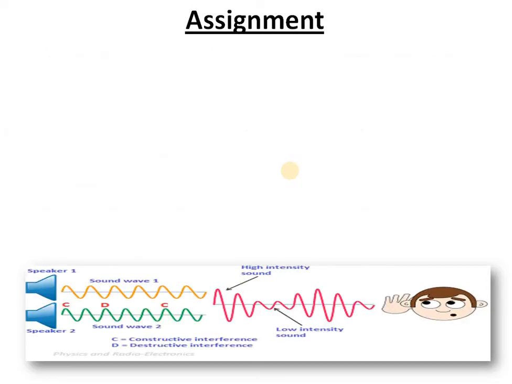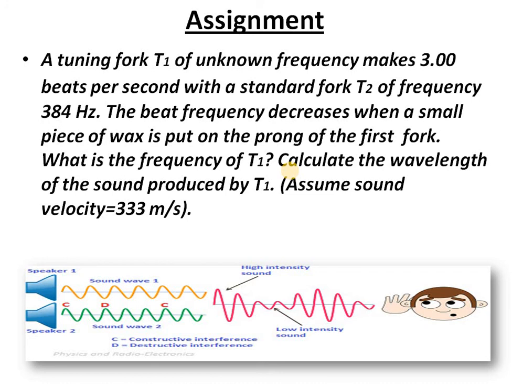Okay, and here is the second question for you. Of course, this is taken from the famous book Halliday and Resnick. The question is like this: a tuning fork T1 of unknown frequency makes 3 beats per second with a standard tuning fork T2 of frequency 384 Hz.